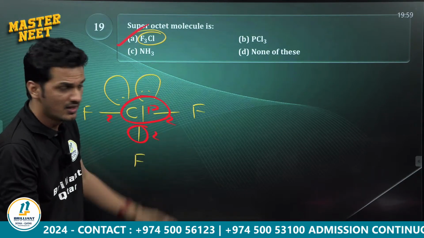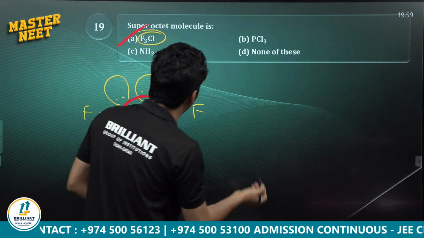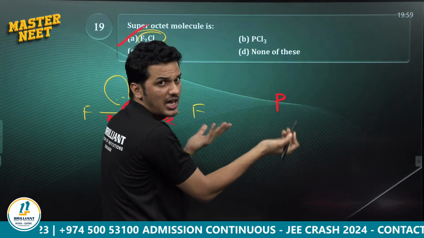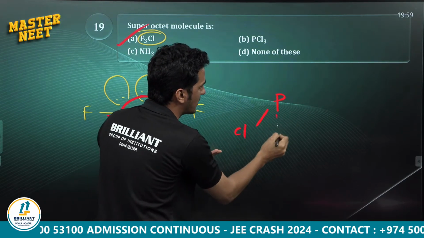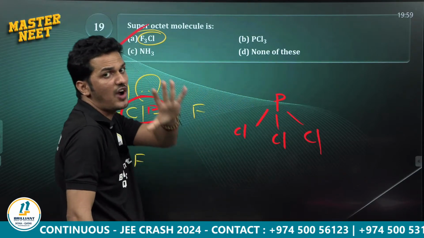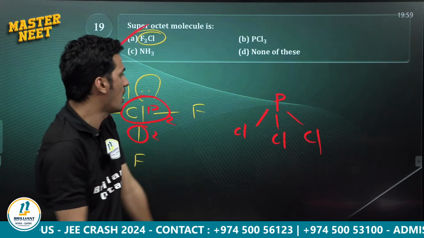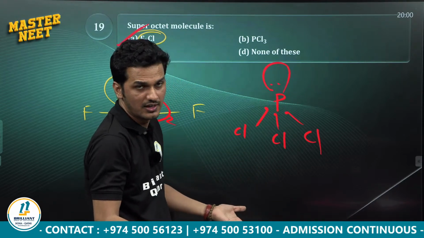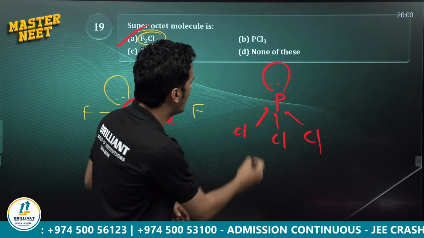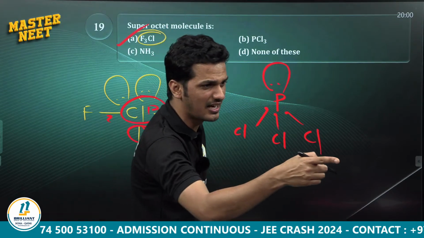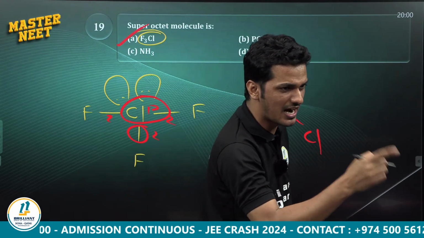Now ready? Move to the next one. What about PCl3? No problem. Around P, 3 chlorine atoms are there. And phosphorus has 5 electrons; out of that 3 are used and 1 lone pair will be there. While you are looking at this red color, can you see it? Comment it please.